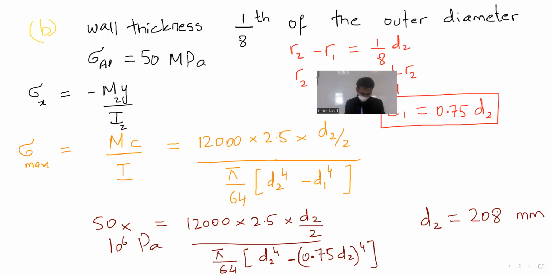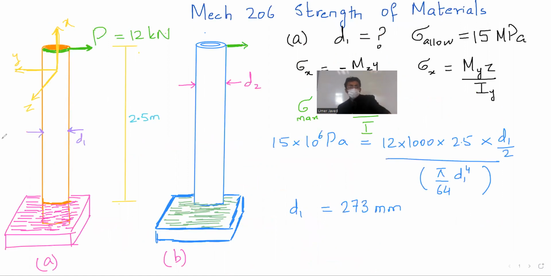Is it weird? But it's hollow. No, this is aluminum. Yeah, the allowable here is 50 megapascal. This is wood. These are different materials.